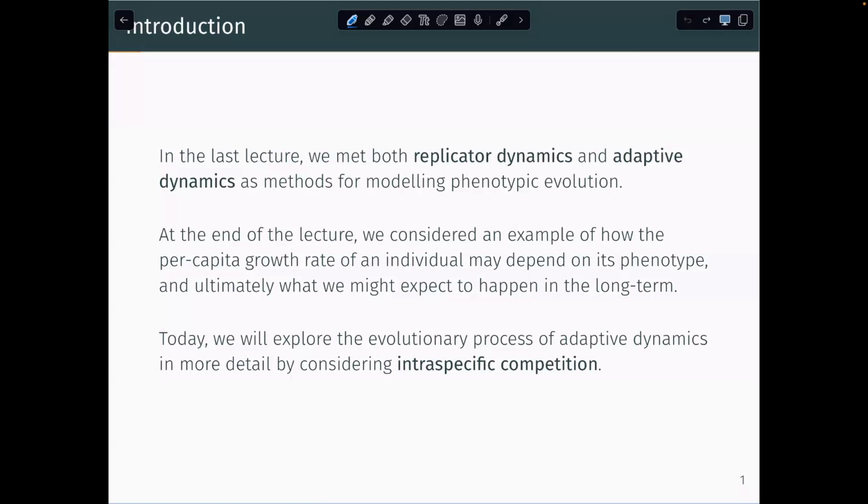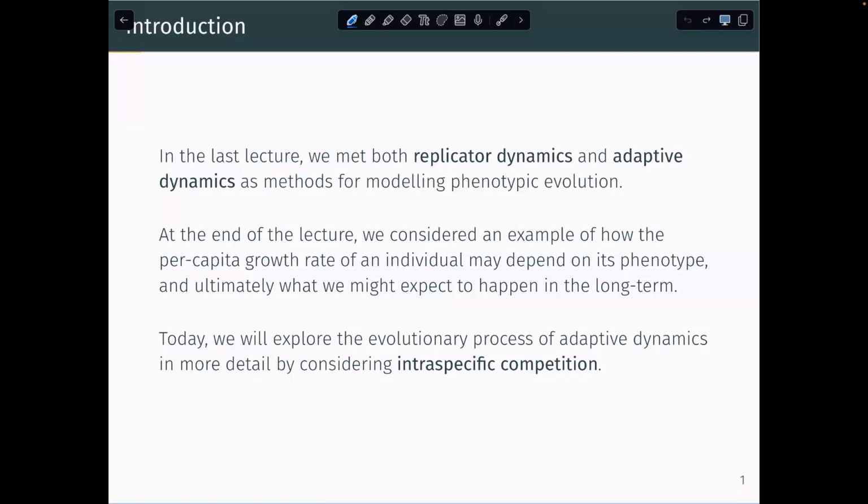Okay, so at the end of the last lecture, we considered a simple example of how the per capita growth rate of an individual, but it should really be the phenotype, how the per capita growth rate of those individuals with that phenotype depends on that phenotype. And remember, we had a quadratic, and we said, okay, well, we should end up at this maximum here.